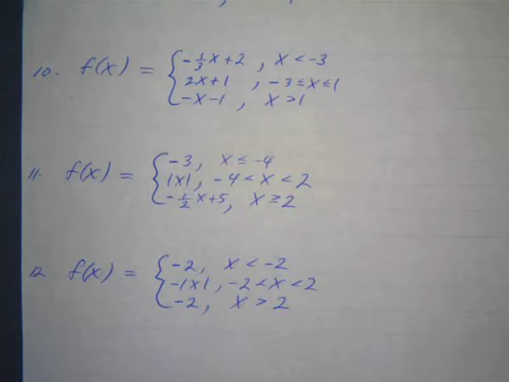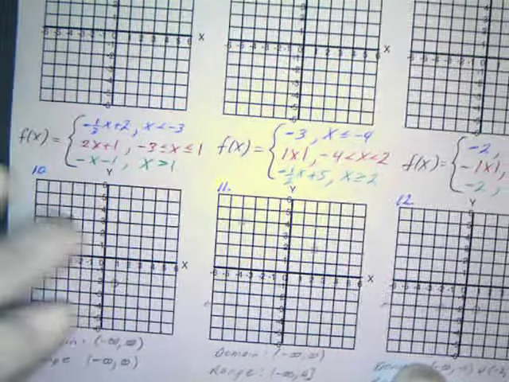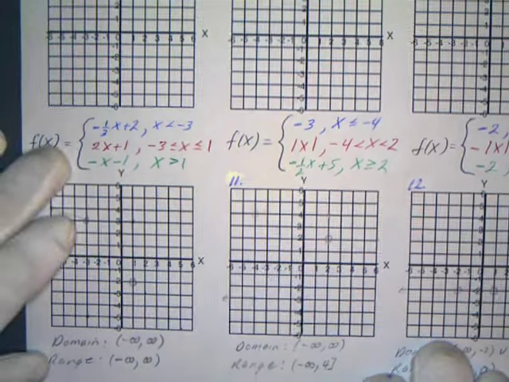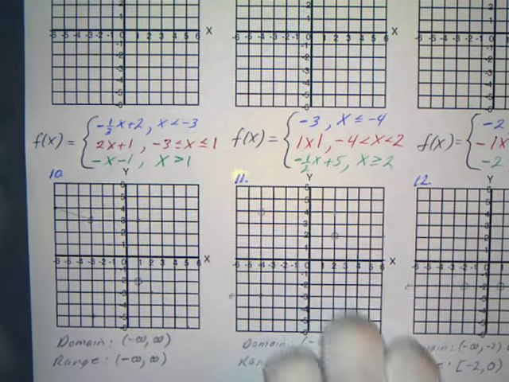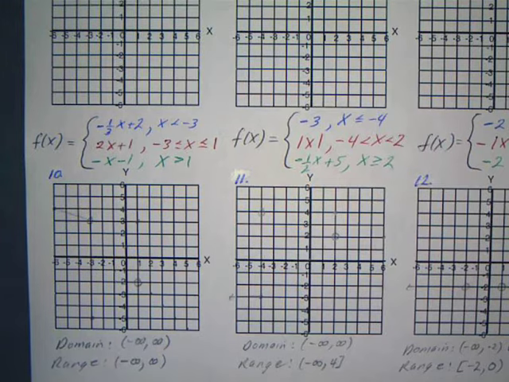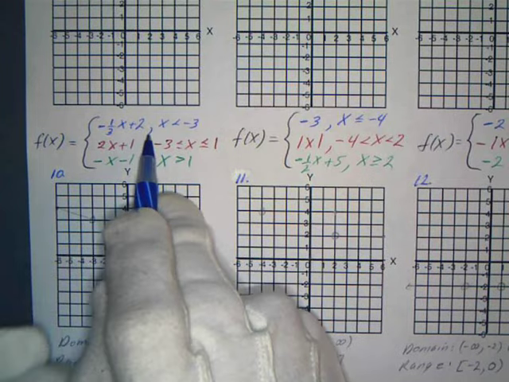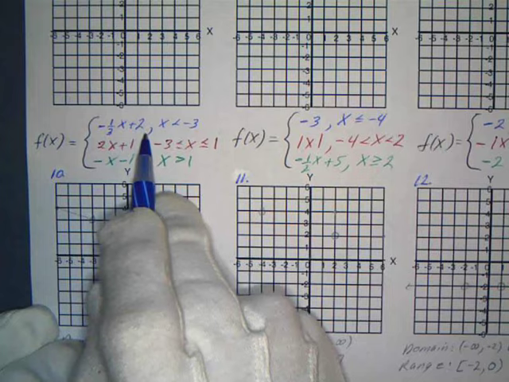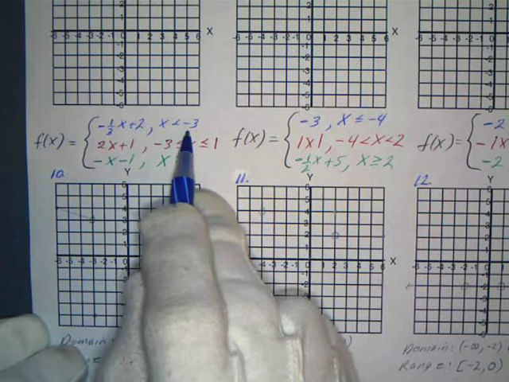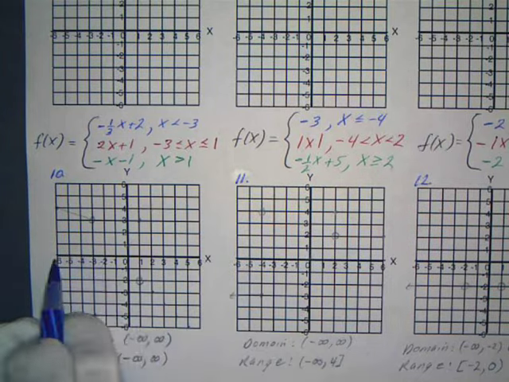So let's get to work here. So here's number 10. And first of all, blue function, negative 1/3 x plus 2, and x is less than negative 3, so it's going to be over here on this side.